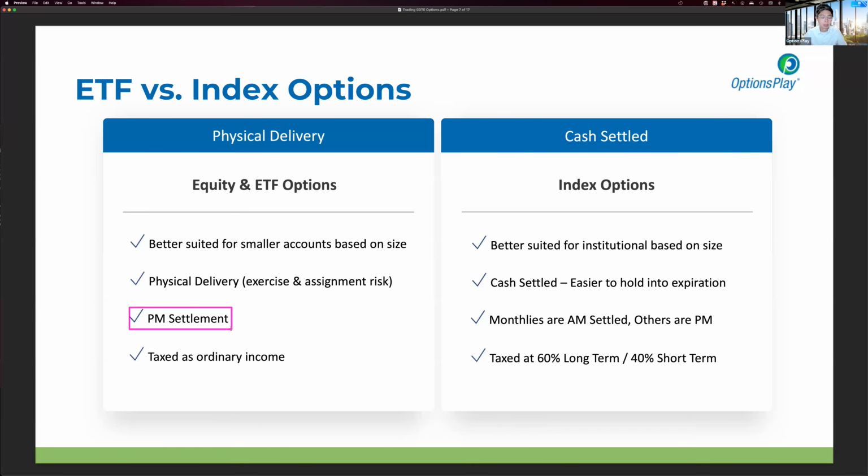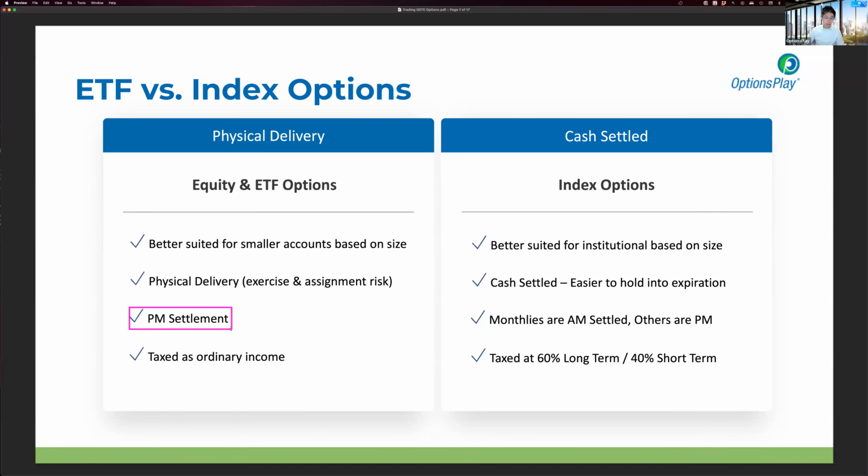It adds a little bit of complexity because the last trade is actually the previous day, and you basically hold on to a position overnight, and based on the first opening print, that determines the settlement of your options. Not something most people want to be doing with their options. It's pretty easy to avoid, but that is one thing to be aware of.